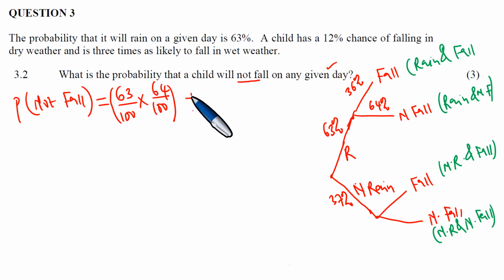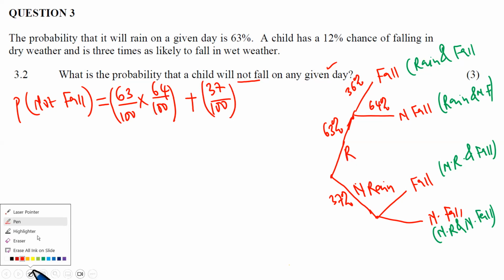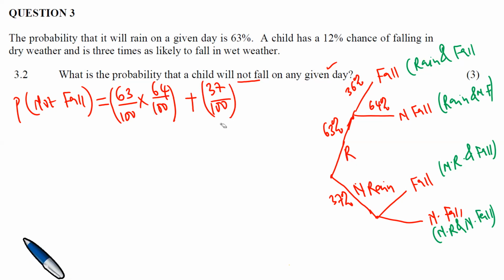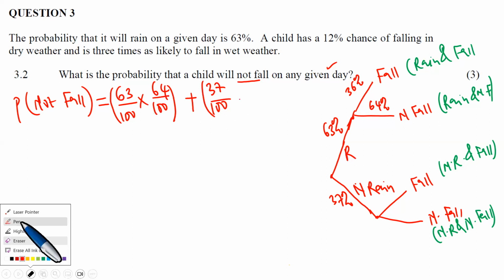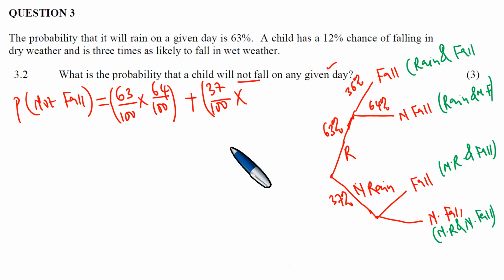Or we put a plus. Either it rains or it does not rain. If it does not rain, what is the probability that it does not rain on a given day? It's 37%, 37 divided by 100. So we also have a situation where it does not rain, but the child also doesn't fall.